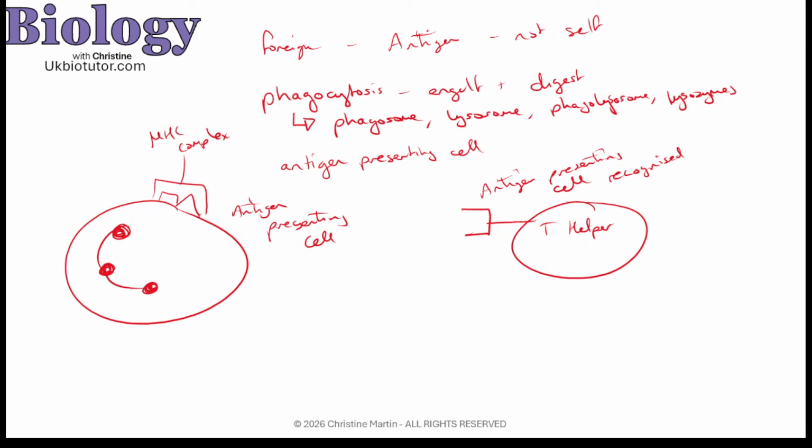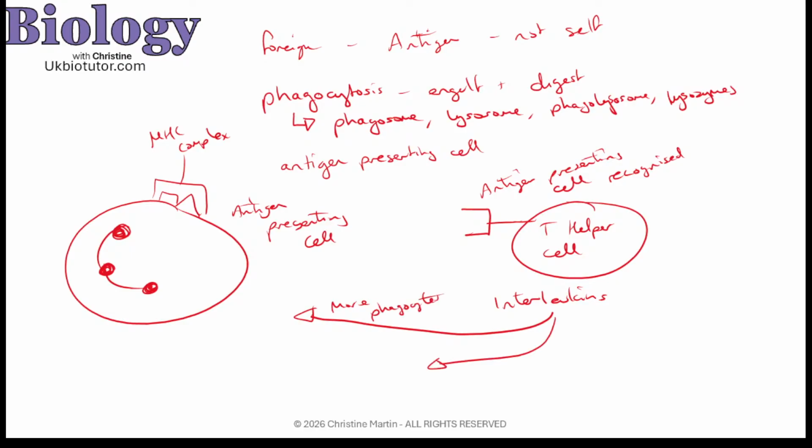So once the T helper cell encounters this antigen presenting cell, that is then going to send interleukins. These interleukins are going to be signaling for more phagocytes. These interleukins are going to be activating the B cells to go through clonal expansion.